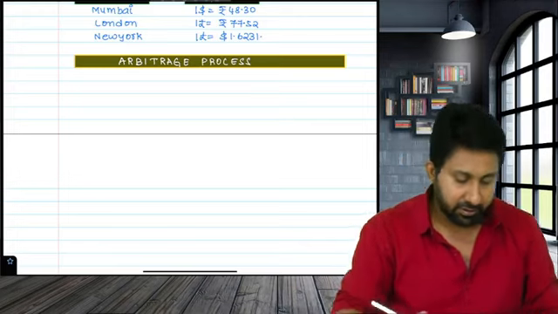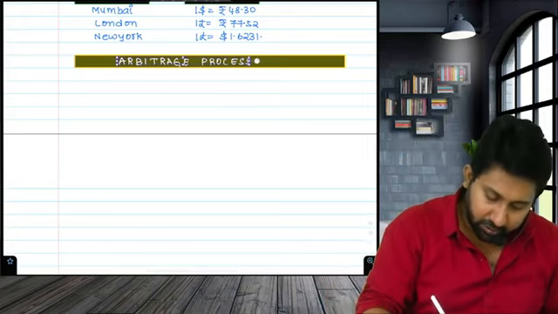There is a process to get this arbitrage.